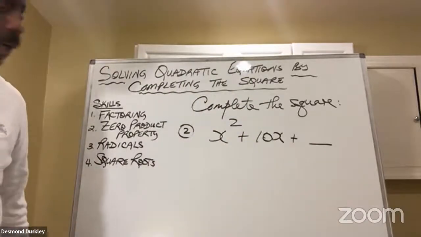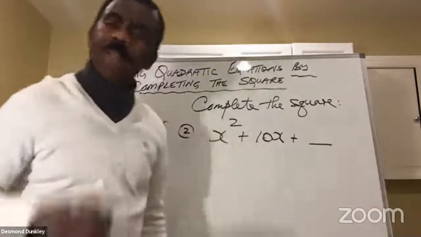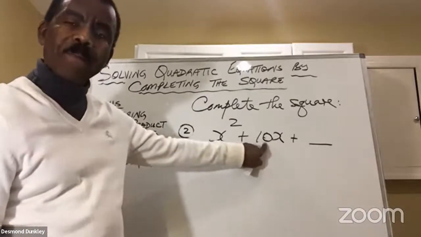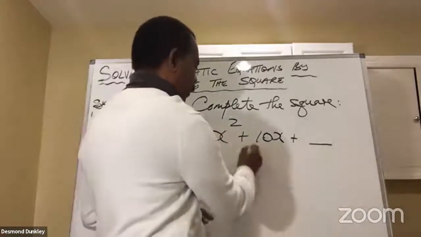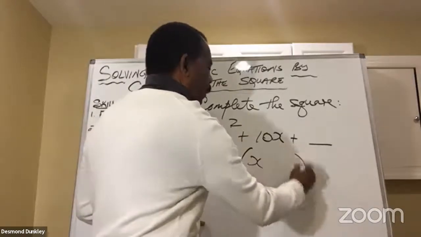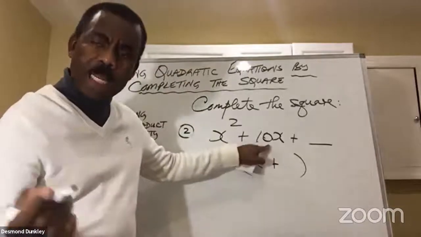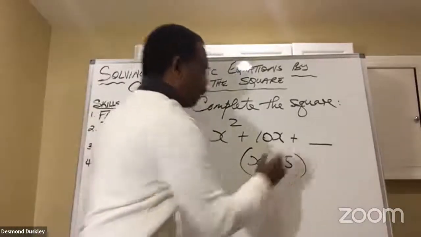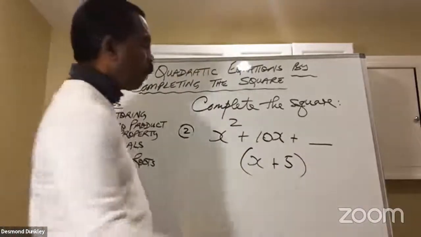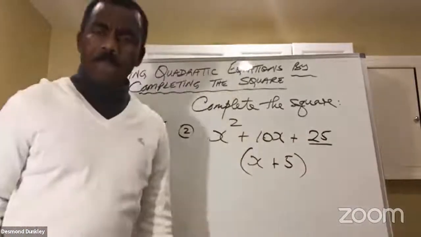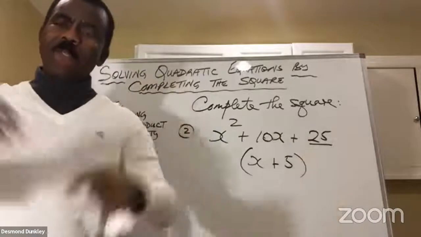What do I need to put there to make a perfect square? If x² is here, what number would have to be in the parentheses to make that 10? The answer is half of 10, which is 5. And of course, the perfect square would be 25. So we need 25 to complete the square.